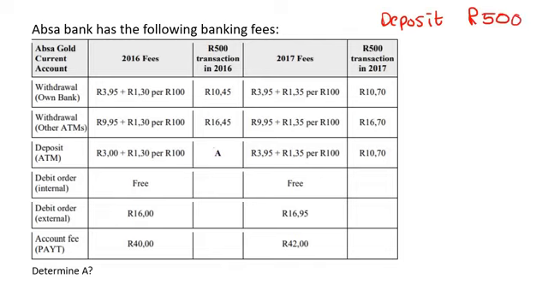So it says that it's going to cost us 3 Rand plus 1 Rand 30 for every 100 Rand. But we're doing 500 Rand, so that means we're going to be doing 5 of those. And if you had to calculate this, you end up with 9 Rand 50.